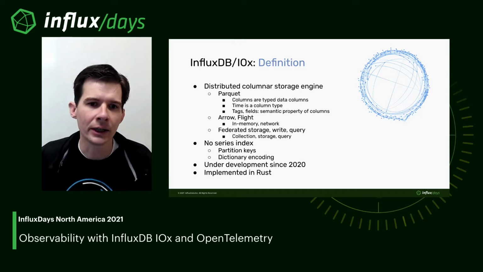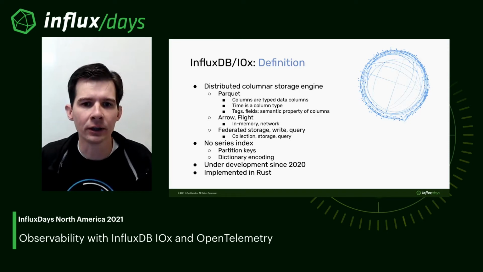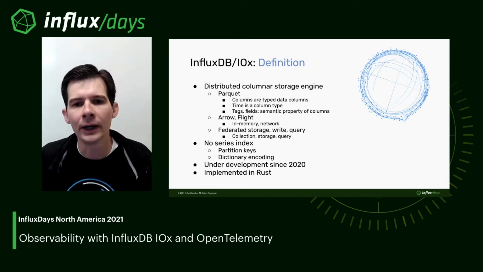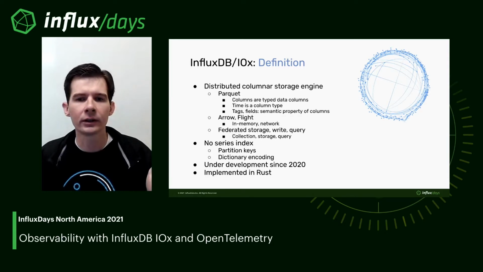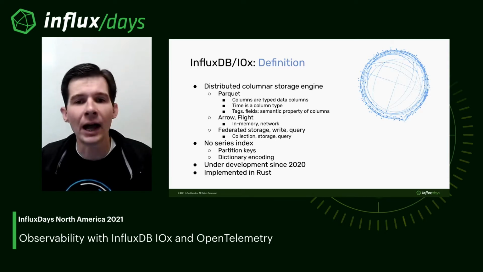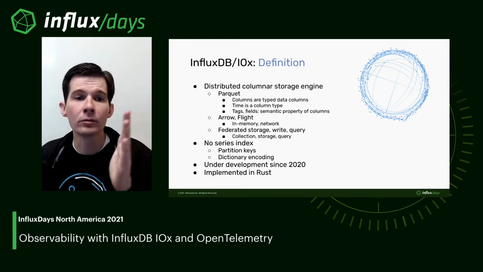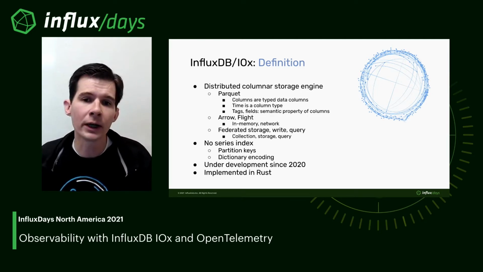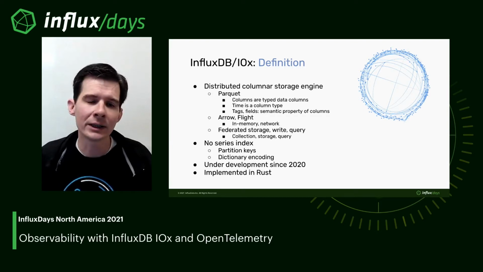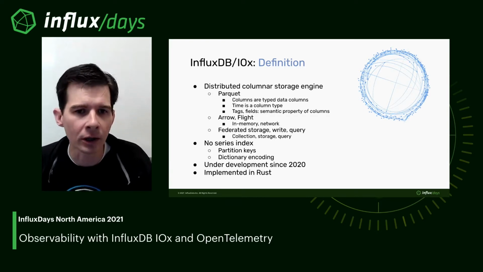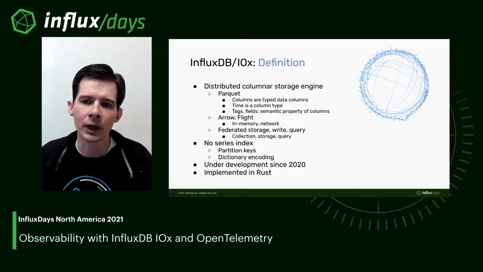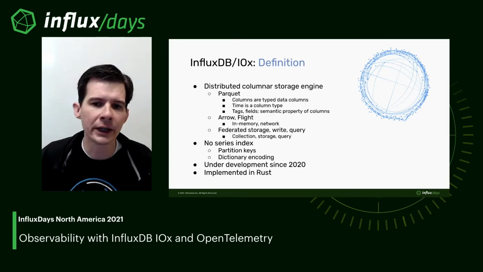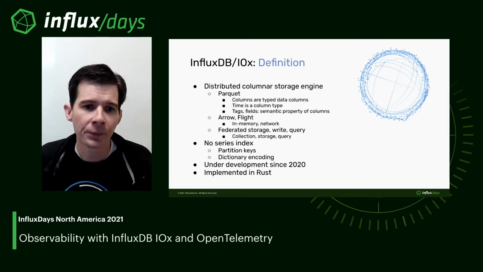So IOx is a columnar storage engine like TSM, but a column of field values is a column of Parquet values. So cardinality grows with field quantity, not series quantity, and we anticipate that most, if not all, cardinality worries will be resolved with IOx.